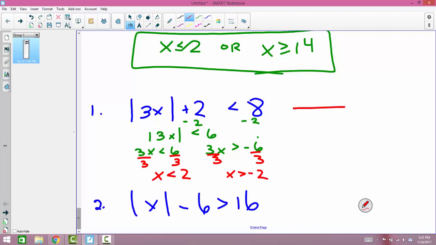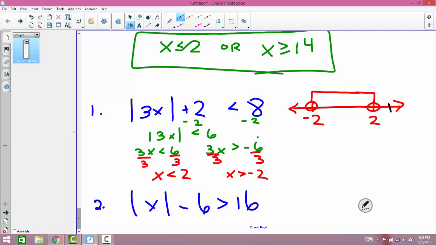So on your number line, at 2, you have an open circle. X is less than, so it's an arrow left. And at negative 2, you have an open circle. X is greater than, so an arrow right. So I'm thinking it's an and since they're converging together. I'm just going to plug in 3 to the positive one and make sure it doesn't work.